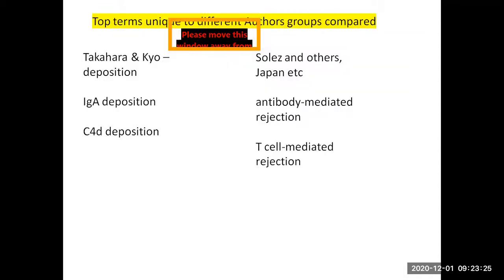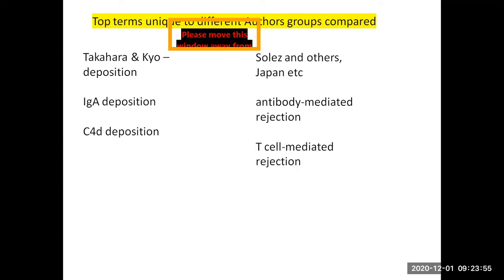Now, if we want to look at certain unique terms which are coming prominently within the top 50 terms, we saw that Takahara Kyo was looking a bit away from the others. Now, let us compare them, say, with the Solis network. Then we see that the focus of Takahara and Kyo has been on deposition.